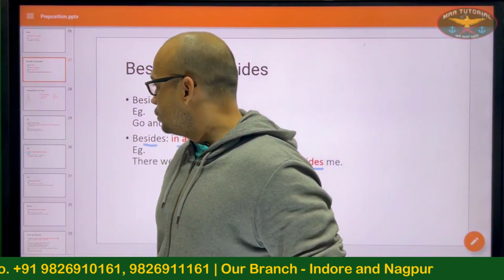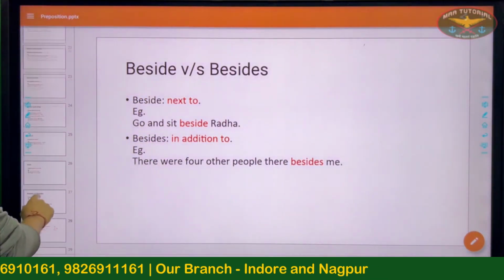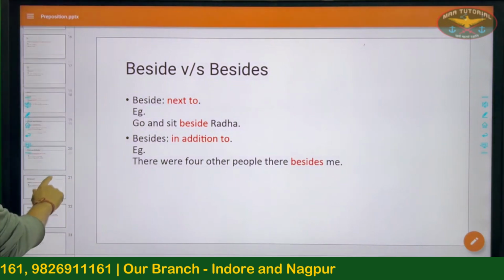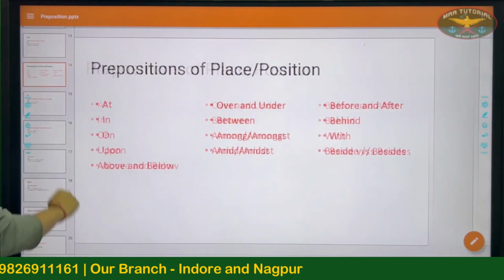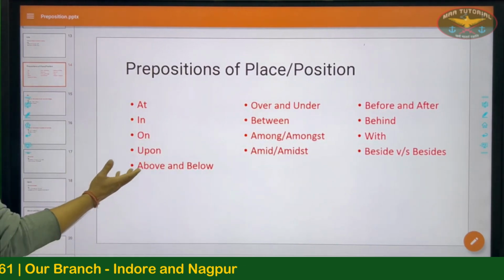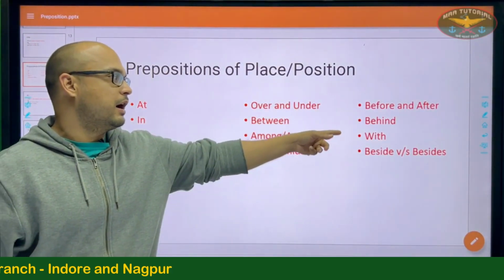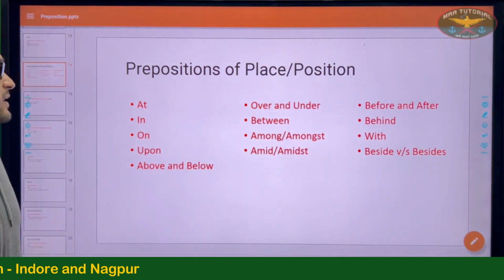Very good. Let's do a quick recap of the various prepositions of place and position that we saw. We saw there were 13 of them: at, in, on, upon, above and below, over and under, between, among, amongst, amid, amidst, before and after, behind, with, besides, versus, beside.